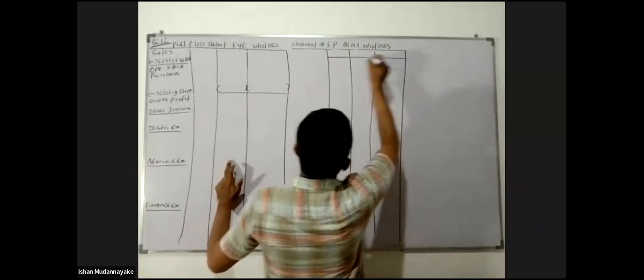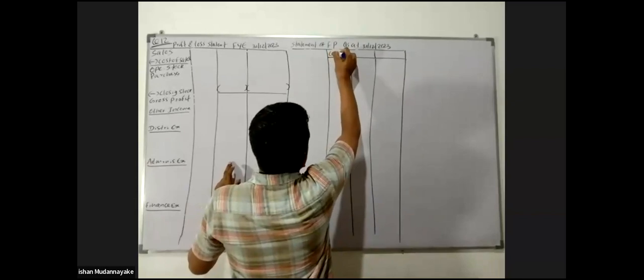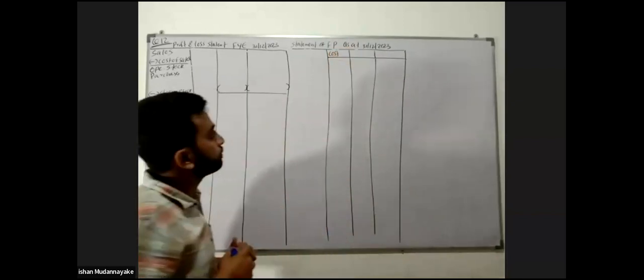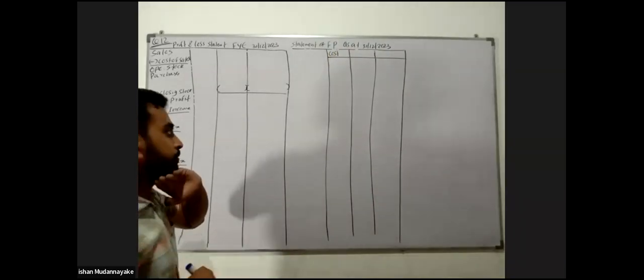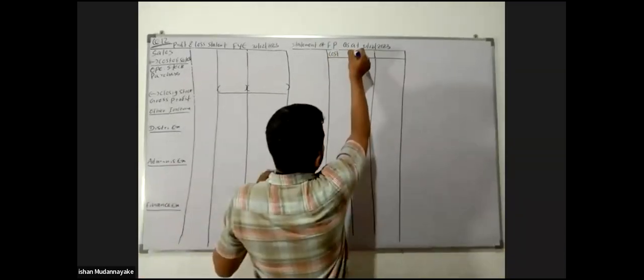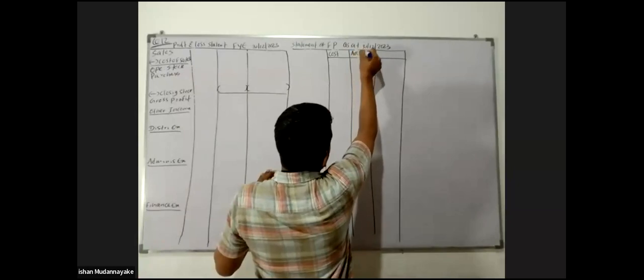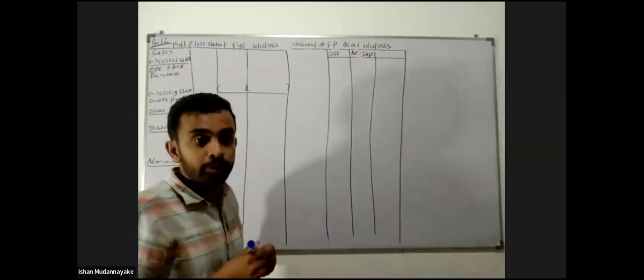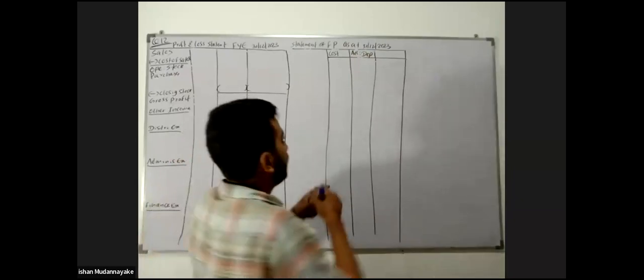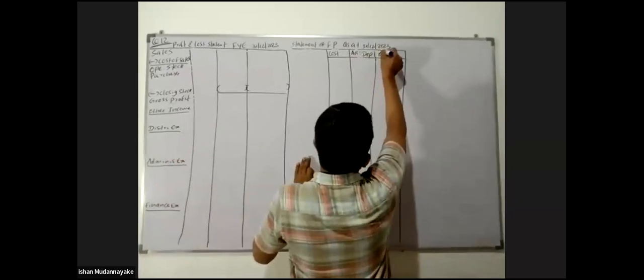And then here, first line cost, and then second line accumulated depreciation. Last time we discussed accumulated depreciation. Then the next one is carrying value.